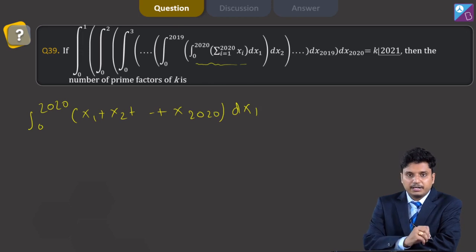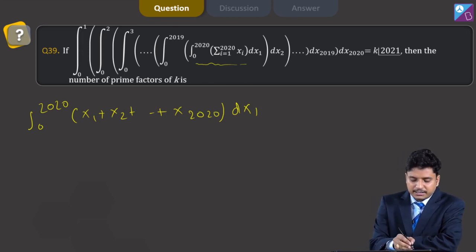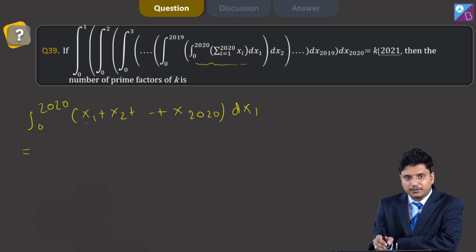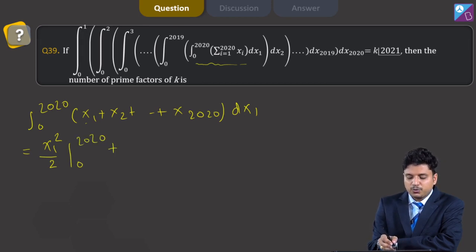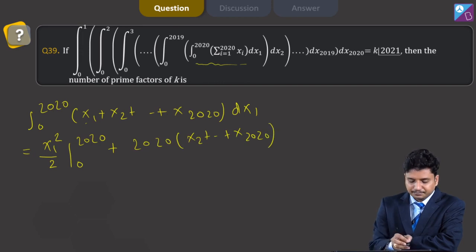First of all, we have to integrate this term. x1 dx1 will be integrated as x1 square by 2, on which I can put these limits, and other terms like x2, x3 and x2020 will be considered as a constant. So this expression will be 2020 times x2 up to x2020, right?